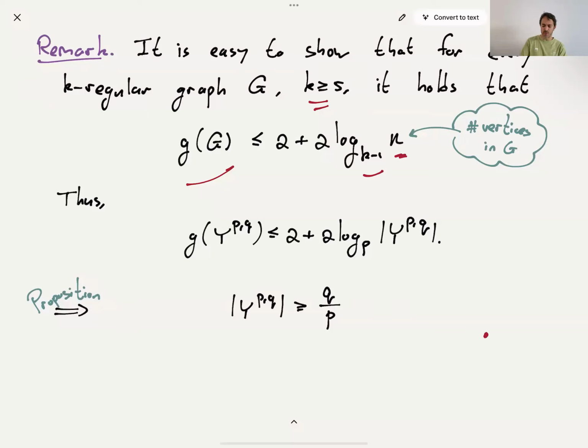That's really just because you start from a vertex and you visit k neighbors, and from there you visit at most k minus 1 new neighbors, not including the previous one. That's why you have the k minus 1 here. And proceeding like that, if the graph were larger than that, you would have visited too many vertices. You can check it out. So the girth can be at most this thing.